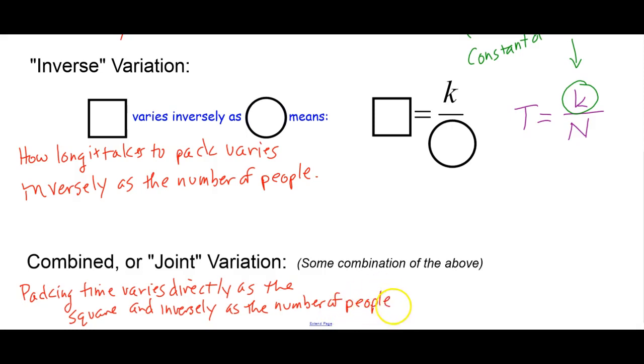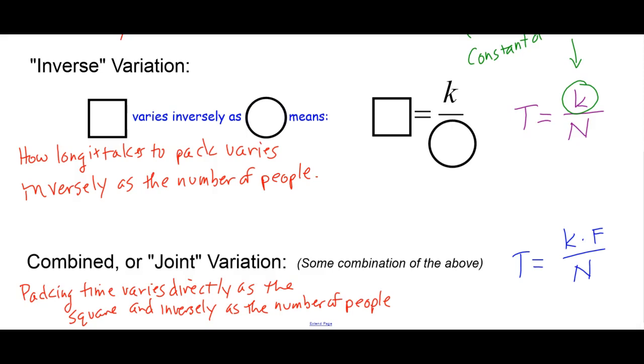That's variation where you've got more than one type of variation happening at once. And in that type of situation, you can get an equation that looks like this, where you're multiplying by the square feet, but you're dividing by the number of people. That type of multiple different relationship situation is called joint variation. So really there's only two types, but you can also combine the two types and make a combination.